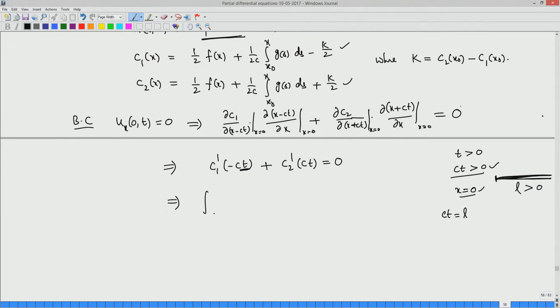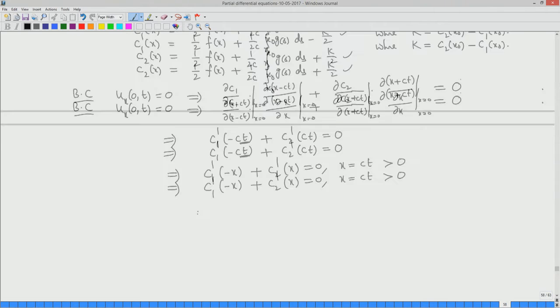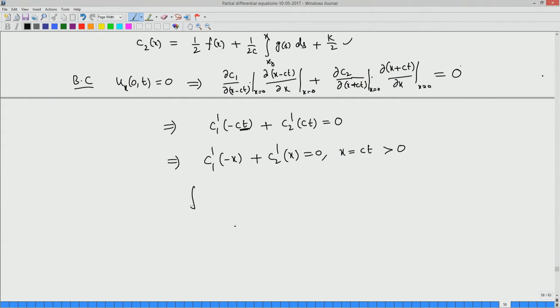So you can integrate this. First you write C1'(-x) plus C2'(x) equal to 0. In this notation I am simply replacing x equal to Ct, and because t is positive, this x is also positive. So because x is positive, you can integrate this from x naught to x.